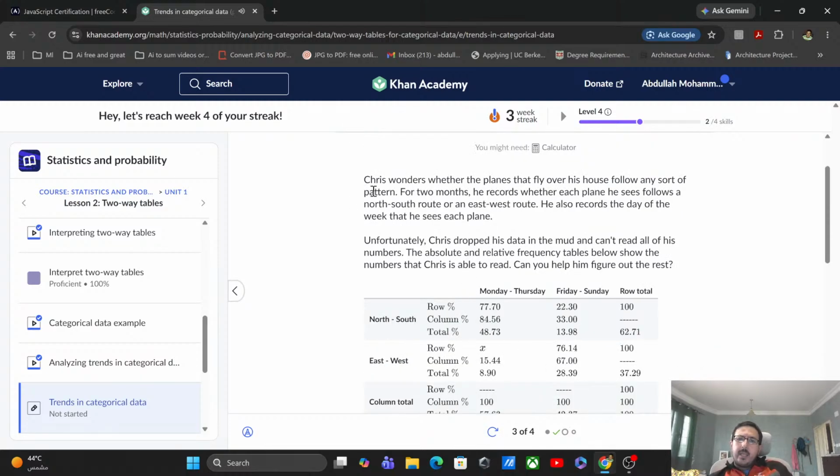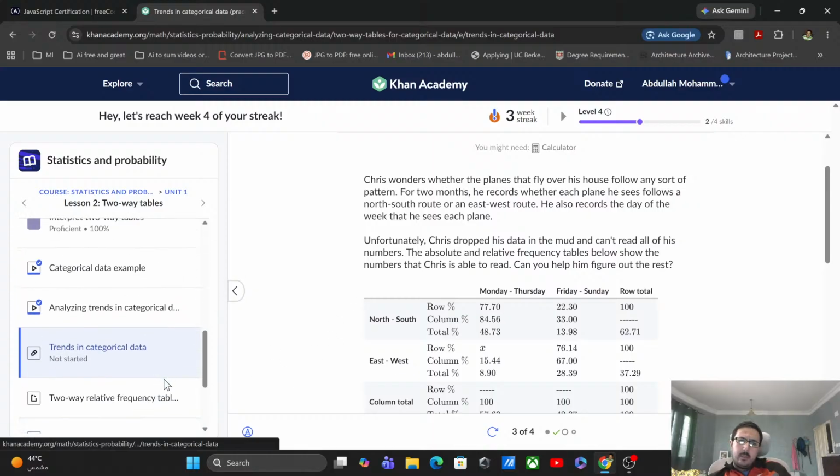Next question. Chris wonders whether the planes that fly over his house follow any sort of pattern.